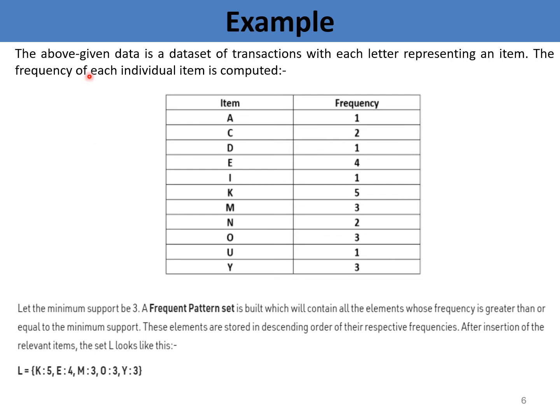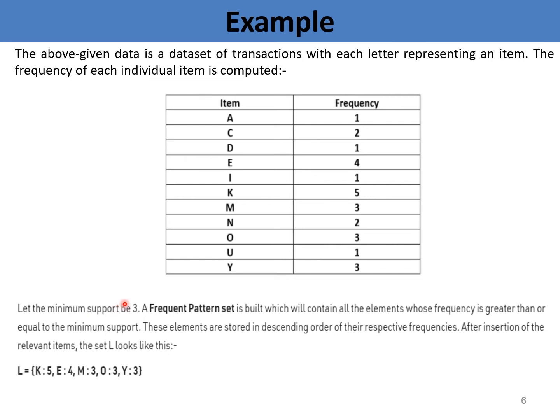The data is a data set of transactions with each letter representing an item. Now we have to write the items separately, and count the frequency of occurrence of each item and write that in front of the item. Like item A occurs only once in the transactions, item C occurs only twice, and in this way we make the table.